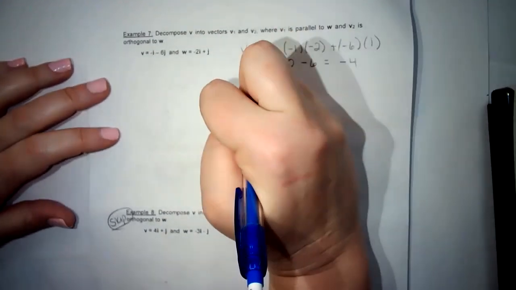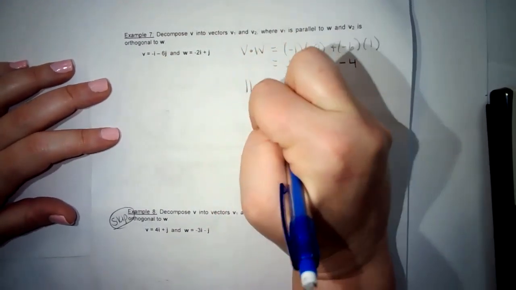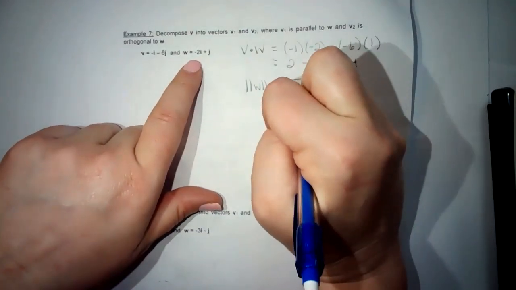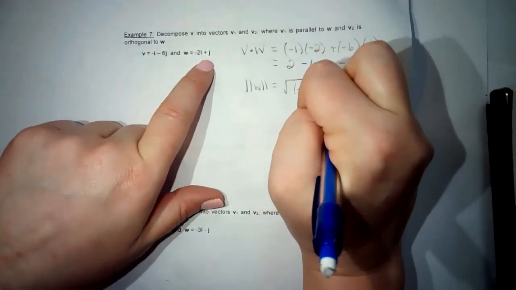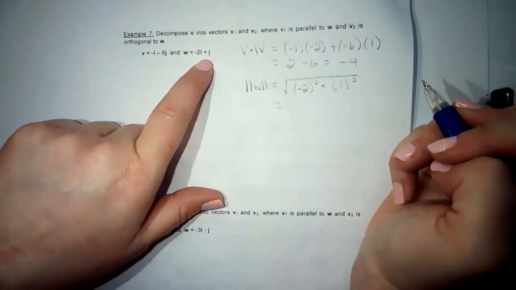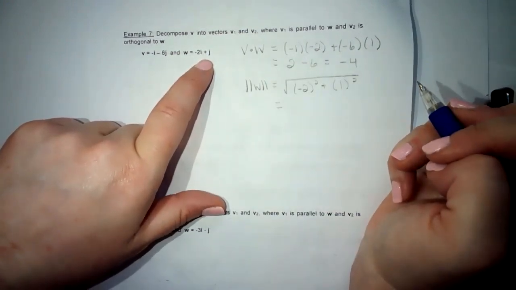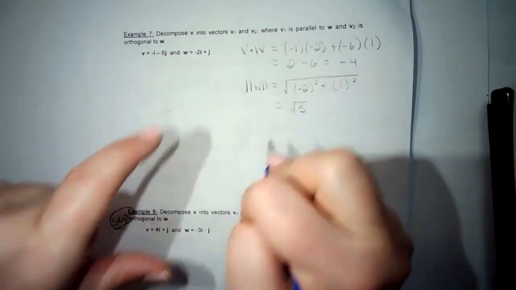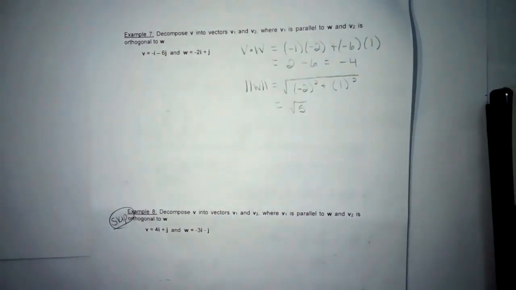That's not a bad numerator. Remember we need a magnitude of w. So I'm going to square my i component and add it to the square of my j component. That's going to give me a 4 plus a 1 is 5. Square root of 5 for my magnitude.